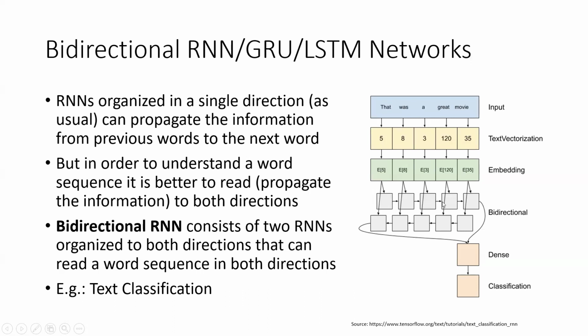The difference between a unidirectional and a bidirectional is that you can't use the bidirectional for all situations, right? You can, if you want to get the summary or the sentiment or something out of text where the whole text is given as the input, then you can use a bidirectional RNN.